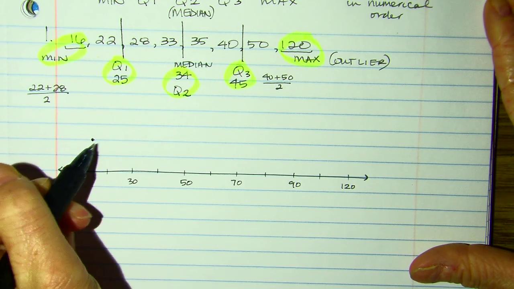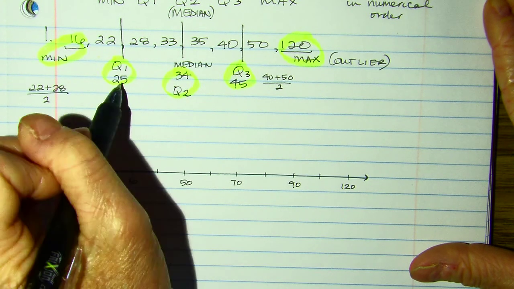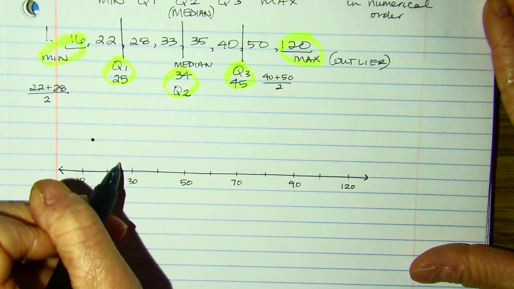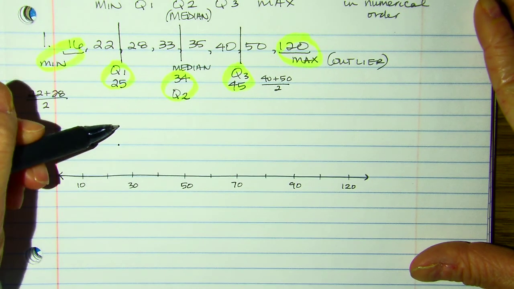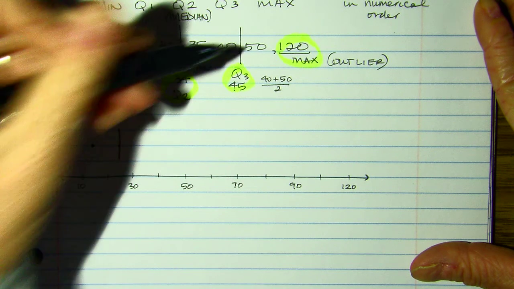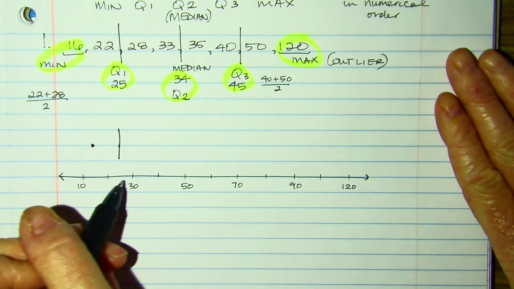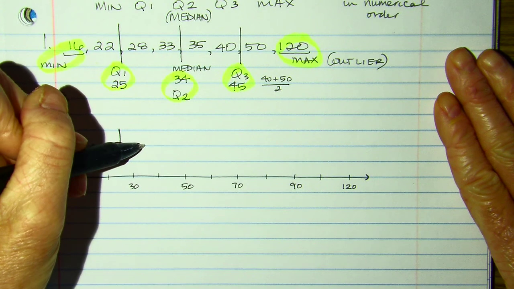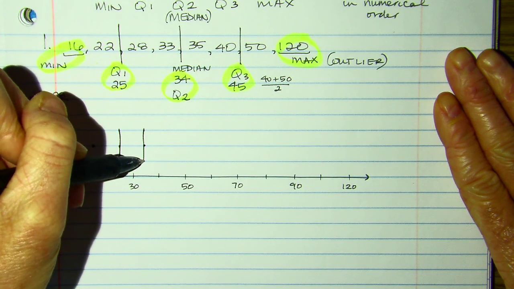So there's my minimum. Then I'm going to quartile 1, here's 20, so 25 would be here. Now do you see how I drew a line above? I'm going to match that here. There should be a line for the numbers that I drew a bar up above. So quartile 2 is at 34. 34 would be halfway between 30 and 40. So there's quartile 2.